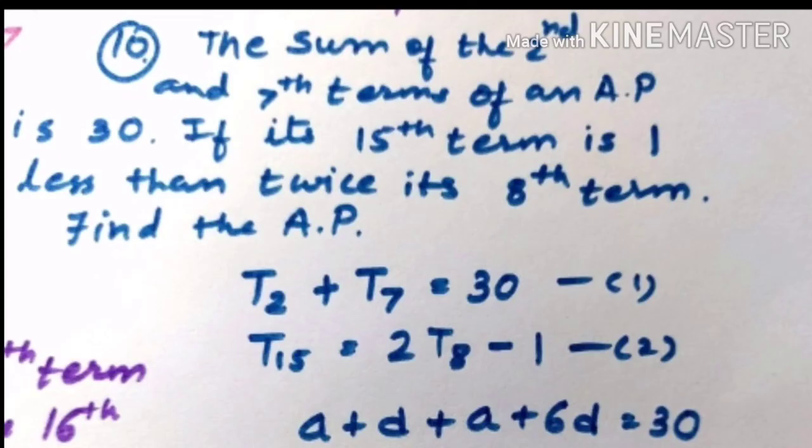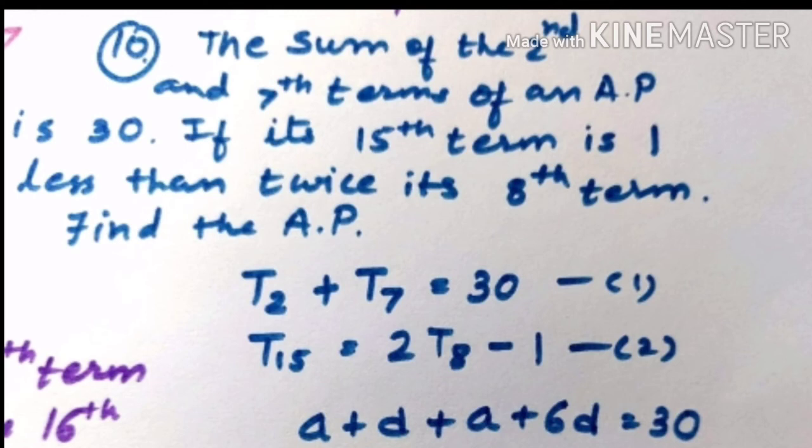Now we see question number 10. The sum of the second and seventh terms of an AP is 30. If its 15th term is 1 less than twice its 8th term, find the AP. From the first line, the second term means T2 and the 7th term means T7.